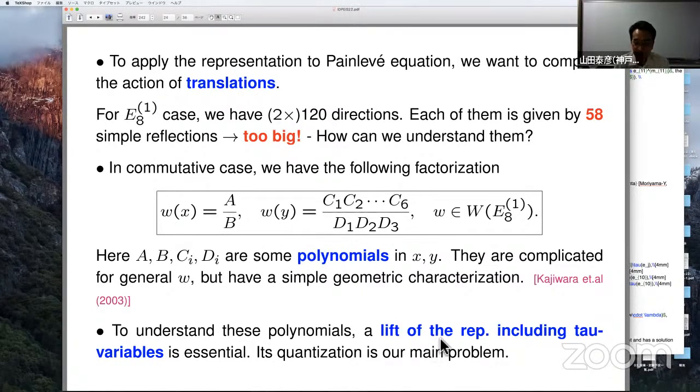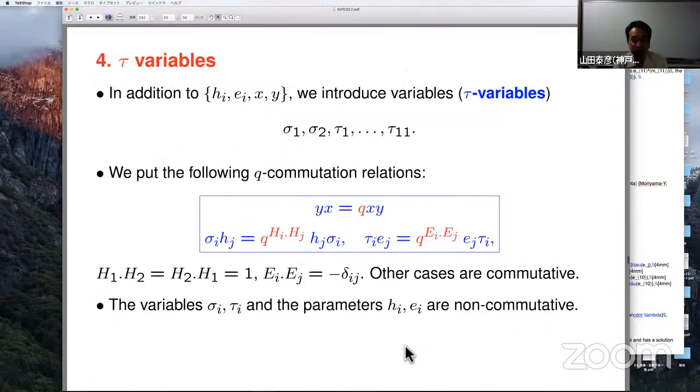So our next main problem is to construct such a representation, including tau variables, in the non-commutative case.